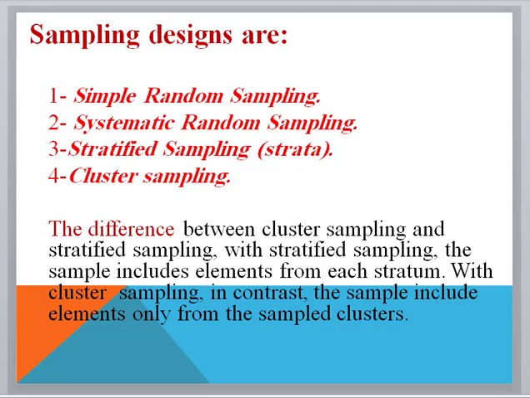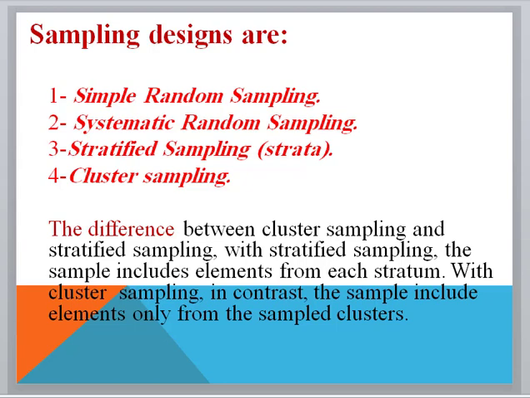As regards systematic random sampling, here we create a list of every member of the population. From the list, we randomly select the first sample element.